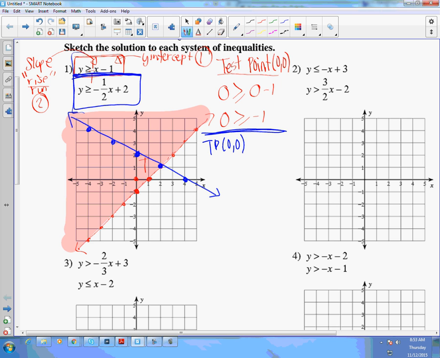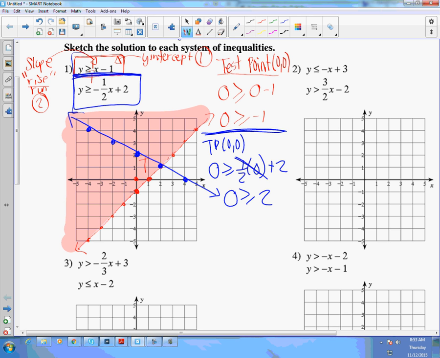So I'm going to put in 0 for y, 0 for x. So 0 is greater than or equal to 1/2 times 0 plus 2. So we have 0 greater than or equal to 2. See that cancels out?